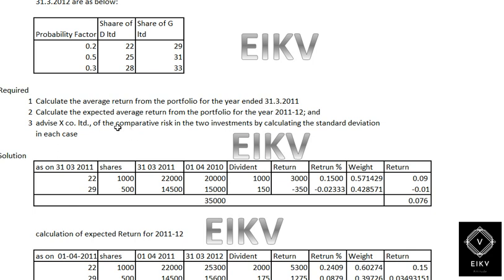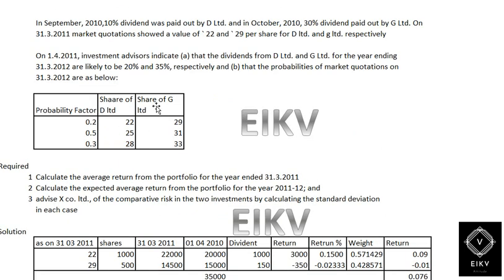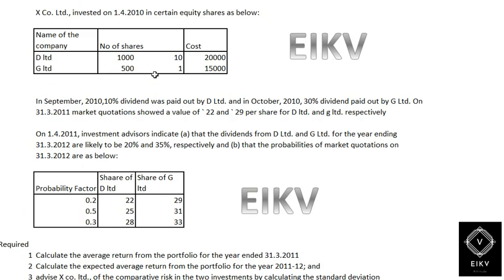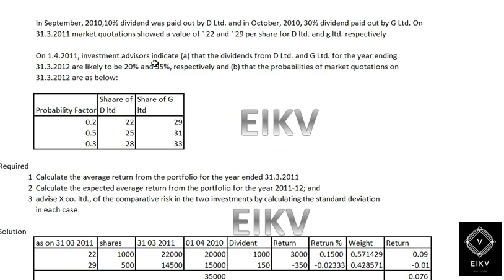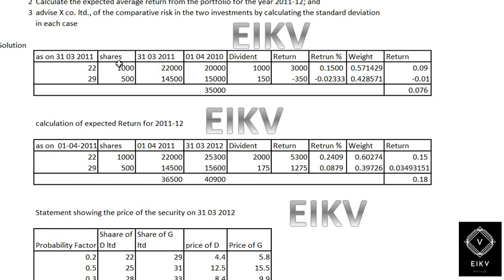Number three, advise X Limited of the comparative risk in the two investments by calculating the standard deviation in each case. So guys, here we have a portfolio containing G Limited and D Limited, and their return, dividend and capital appreciation is given. So we need to compute the return for 2 years and their standard deviation also.